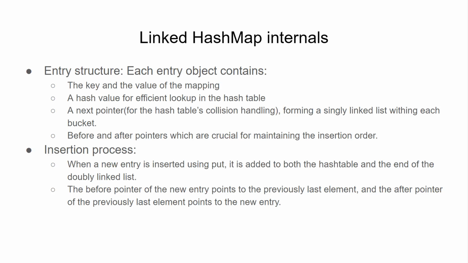And this list links all the entries in the order they were inserted into the map, alright? The internals, the entry structure, okay? Each entry object contains the key and the value of the mapping, the hash value for efficient lookup in the hash table, almost likely the same structure of the node in the HashMap at this point, of course, and the next pointer, forming a singly linked list within each bucket, okay?